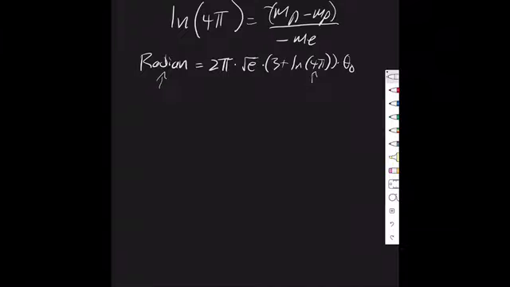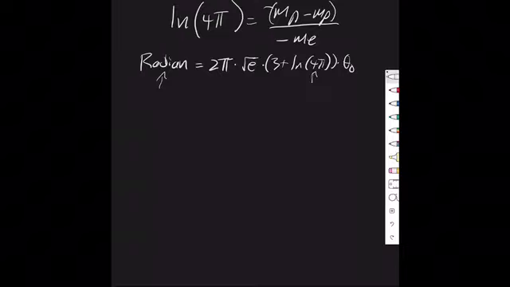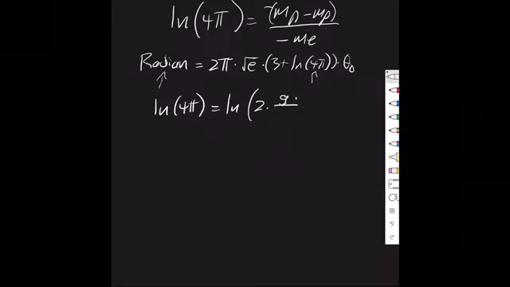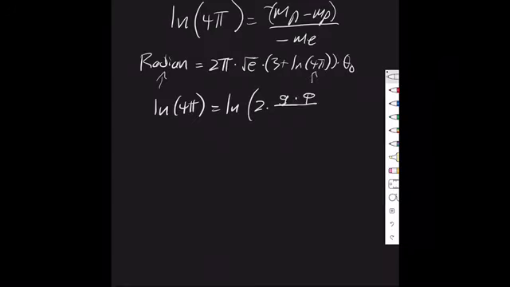And for instance, let's get a little more complex here. If I work in the 4 pi area, that is equivalent to 2 times, and this is the golden angle, little g, times the golden ratio squared, divided by radian.